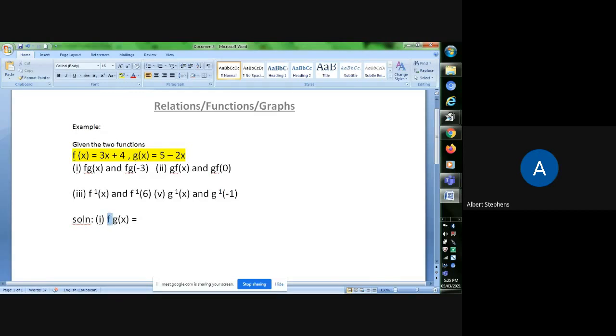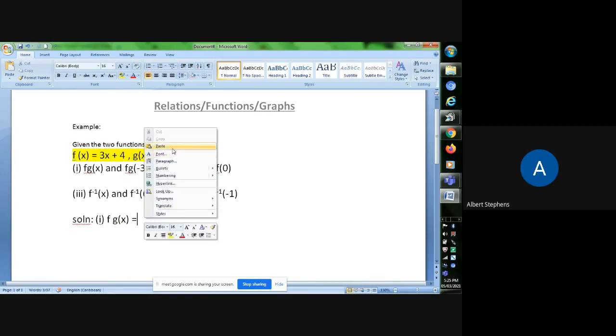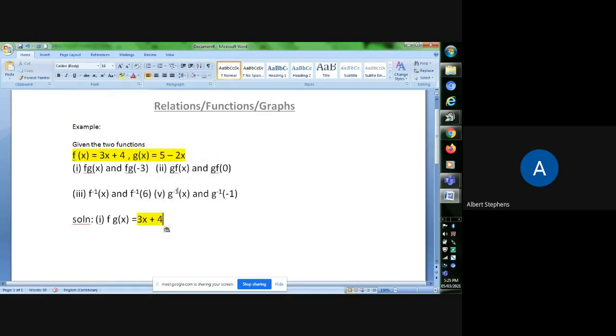So, what is f of g of x? Because f is the first letter, we write the f function first. The f function is like our background, our layout. And then in the f function, wherever you see the variable x, we replace x with the g function.